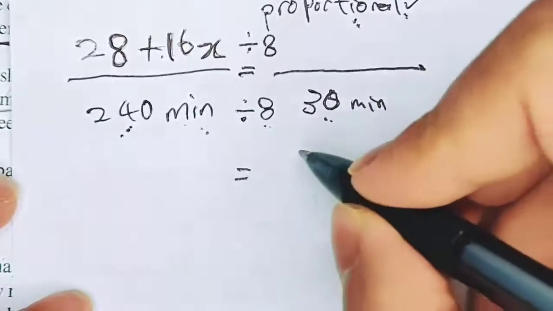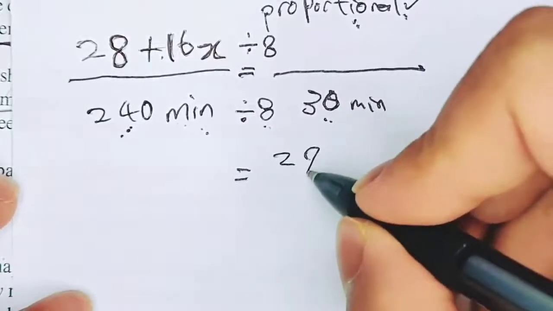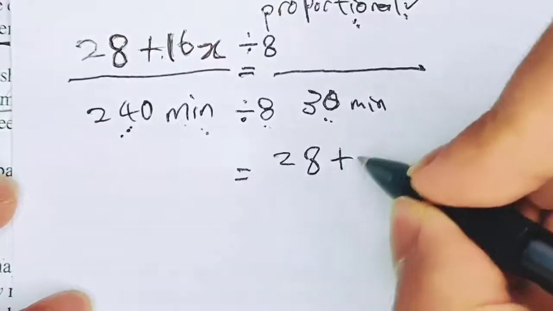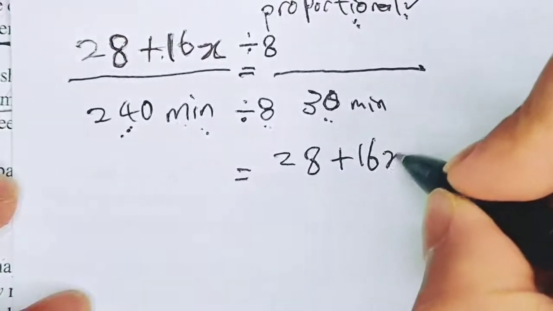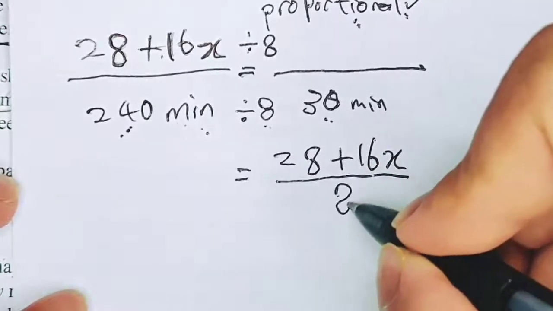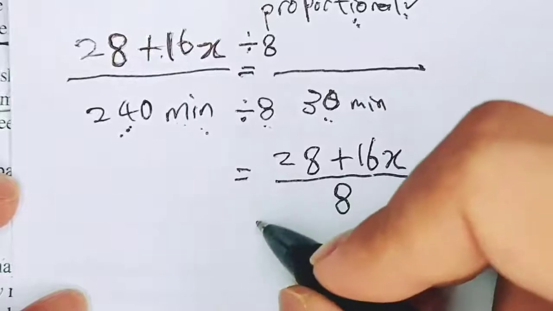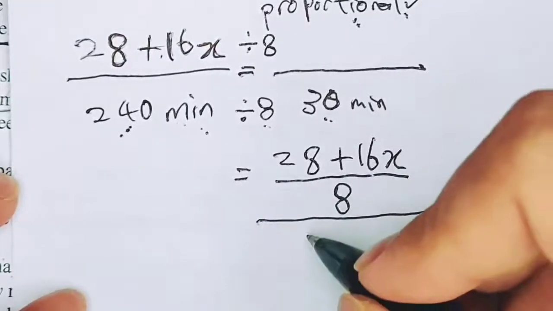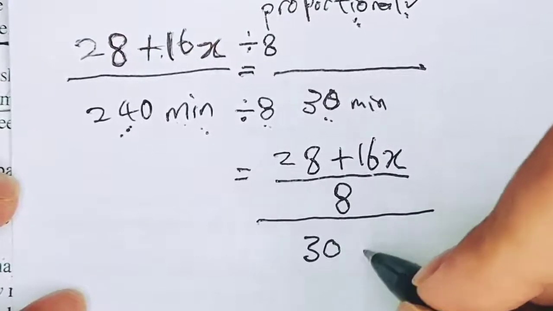So equal to 28 plus 16x divided by 8. And it takes 30 minutes.